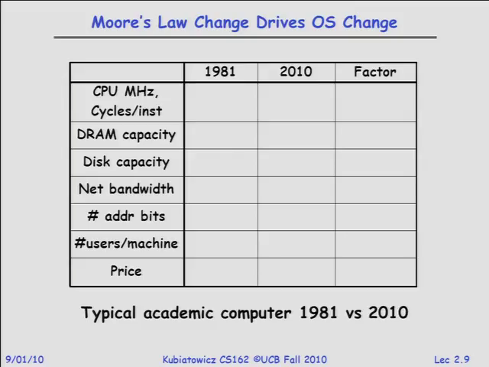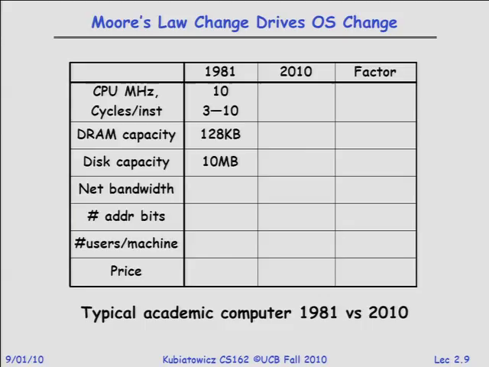In 1981, we might have a 10 megahertz CPU, and it might take 3 to 10 cycles per instruction to execute. So that's not very fast. We might have 128 kilobytes of memory and 10 megabytes of disk. I remember a guy I was working for was so excited because he got a 10 megabyte hard disk drive. That was a big deal.